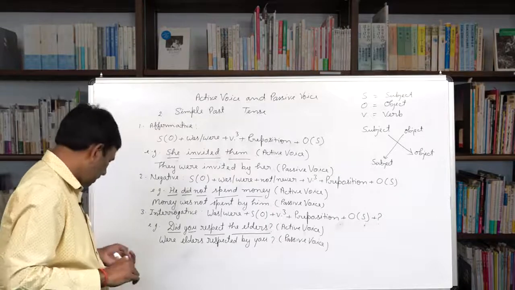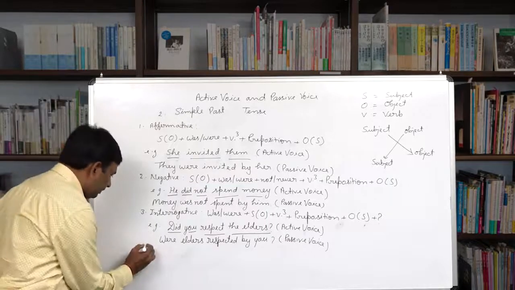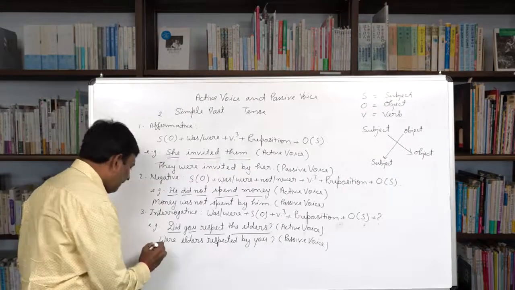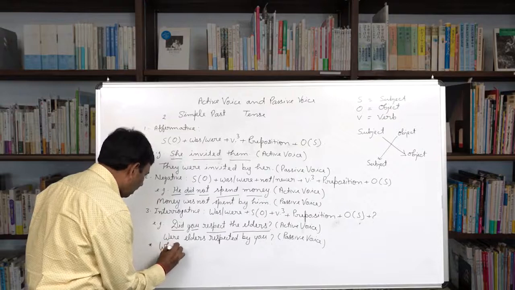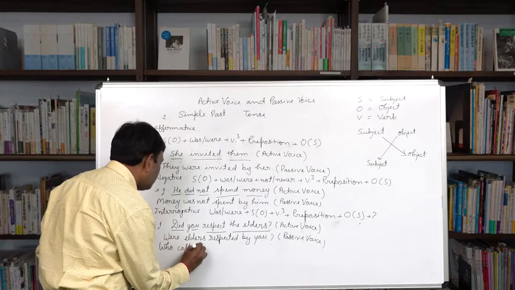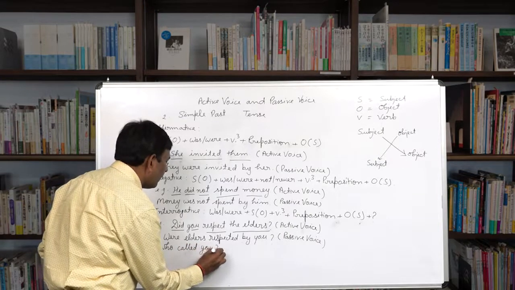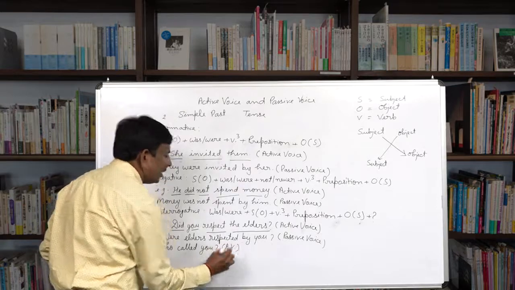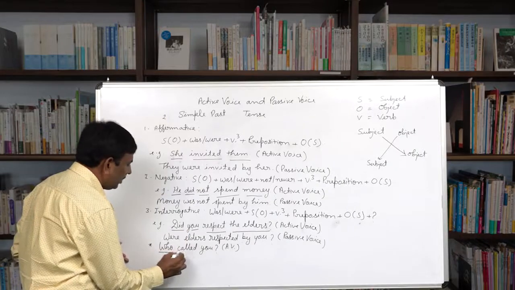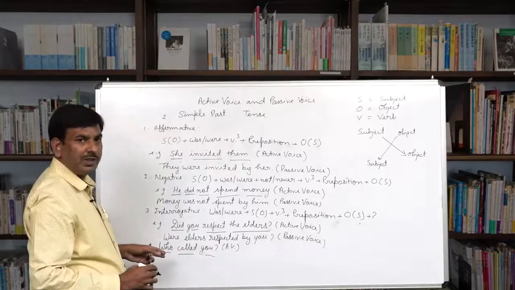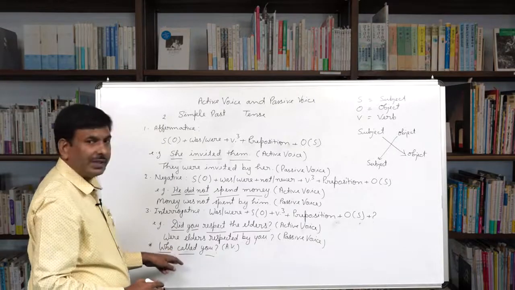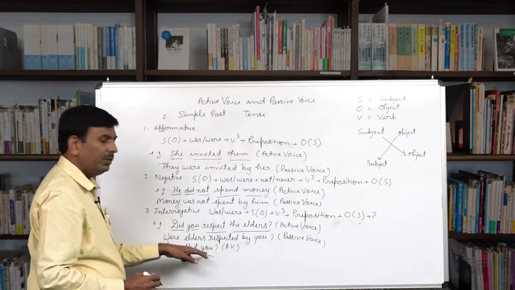Yeah, okay. Now, let us have the special example which begins with question word who. Who called you? This is an active voice. Now, in this sentence, who, this is question word as well as singular subject, and called, this is verb, and you, this is object.